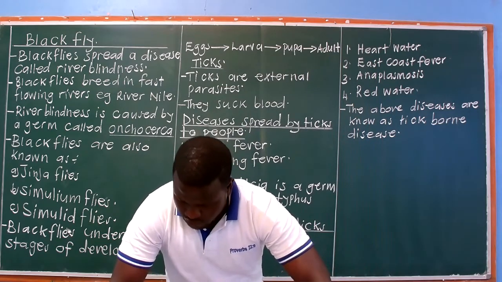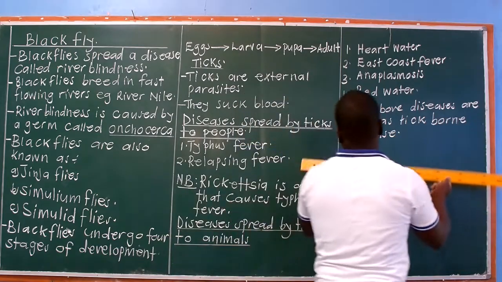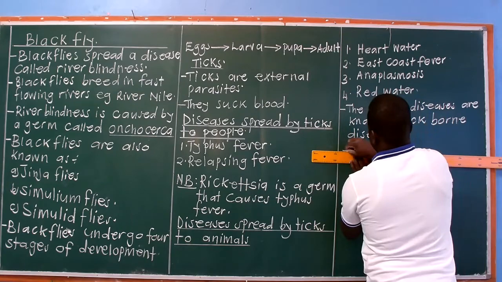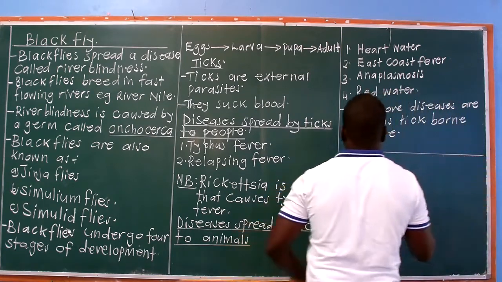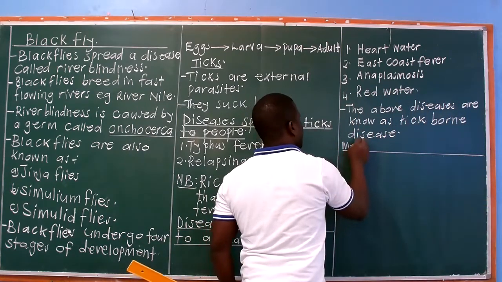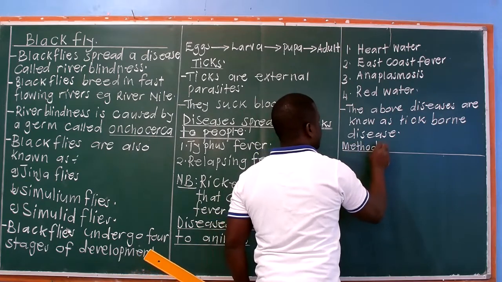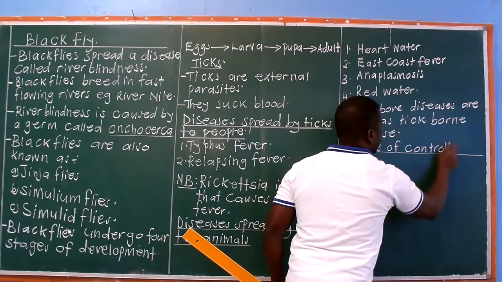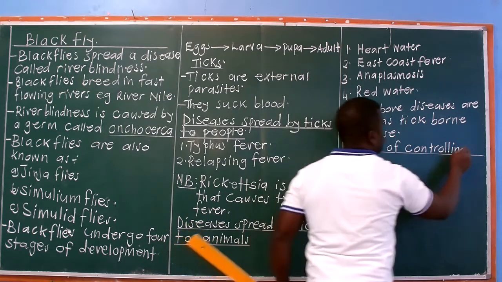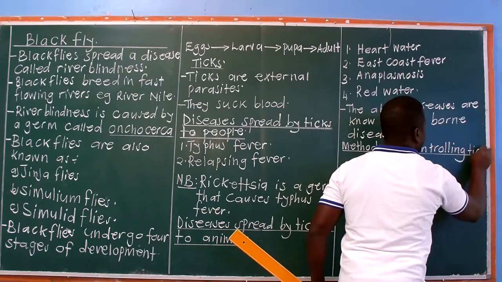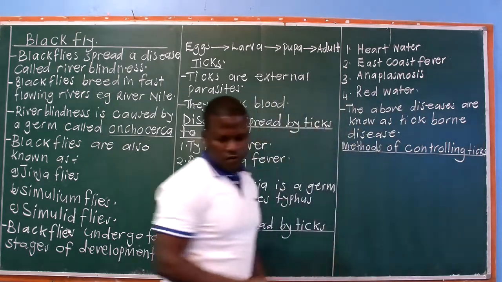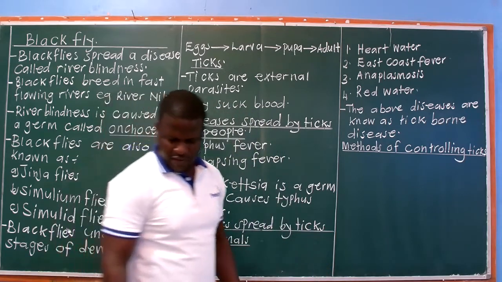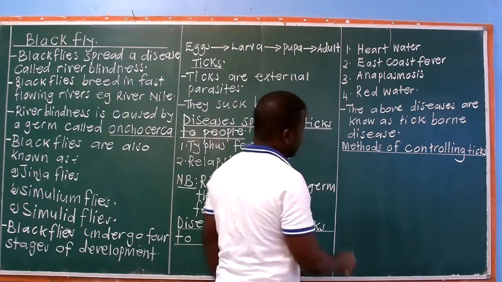Then, how can we control ticks? Methods of controlling ticks. One, by spraying animals.